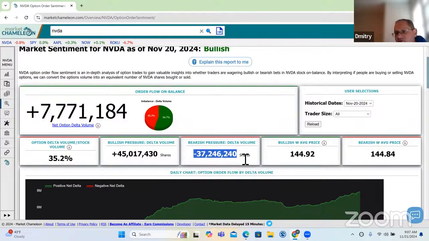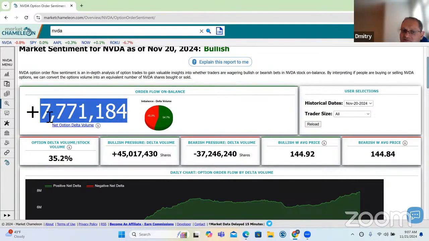Is it more positive or more negative? So here, if we sum these up, you could see it is a positive 7.7 million deltas. Okay, so based on our methodology and inference, it looks like a more bullish positive deltas in Nvidia.